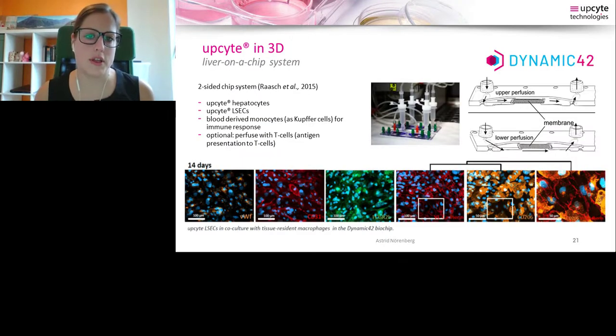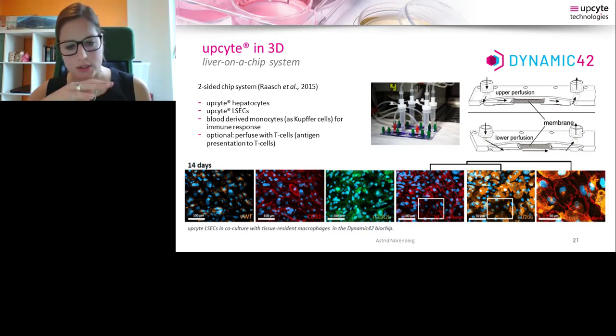What we have done with a collaboration partner, they have a liver on a chip system. They call it Dynamic42, and as you can see, they have a perfused liver chip system where they have an upper channel and a lower channel, and you can seed the hepatocytes on one side, and on the other side, you can seed the LSECs, and they mimic the typical space of Disse within the liver.